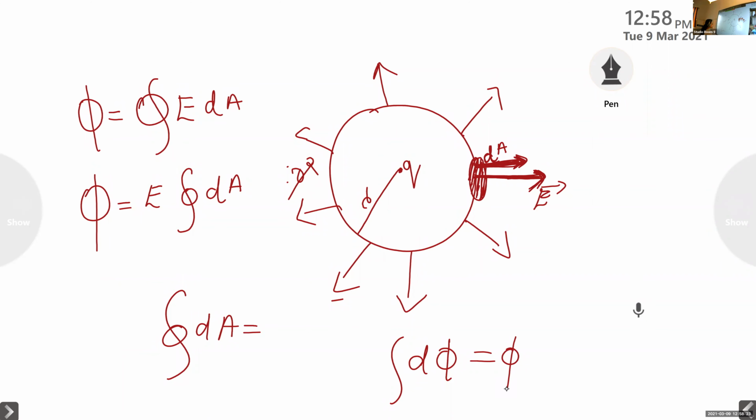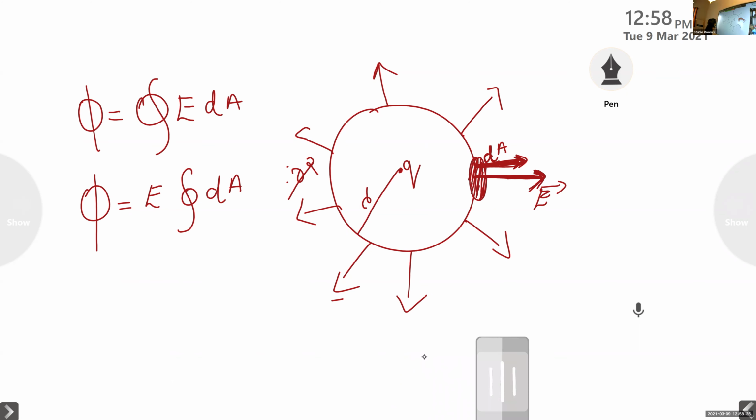Similarly, what is the closed integral of dA? It is the integral itself. So it becomes equal to A. Okay. So our equation becomes phi is equal to E A, not E dA, because the integral of the derivative becomes that quantity itself.